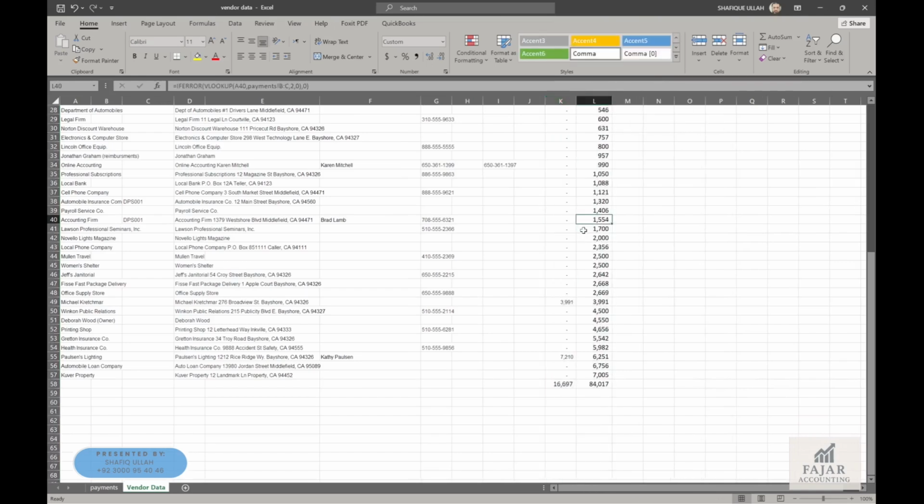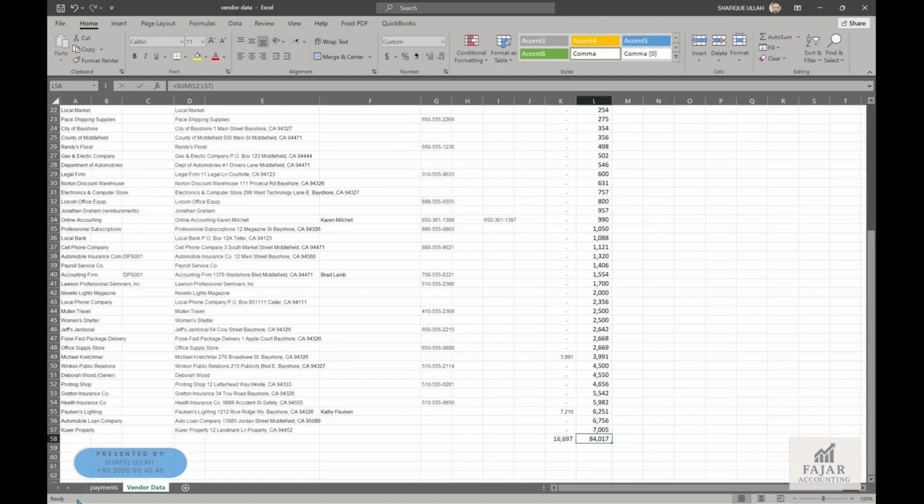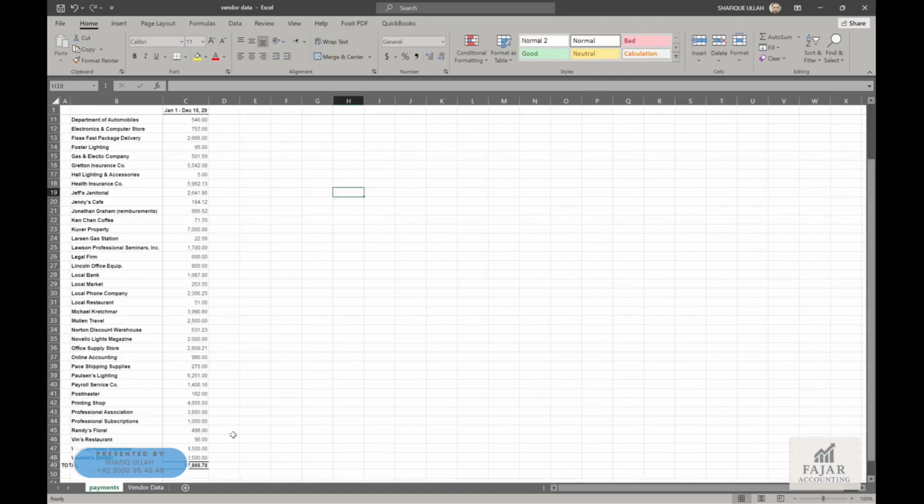We can notice that the total amounts in both reports are not matching up. So, let me quickly check if any vendor is missing from our payment list.